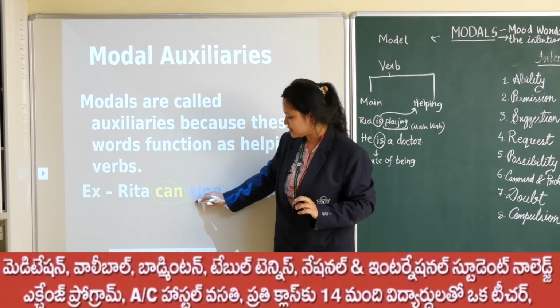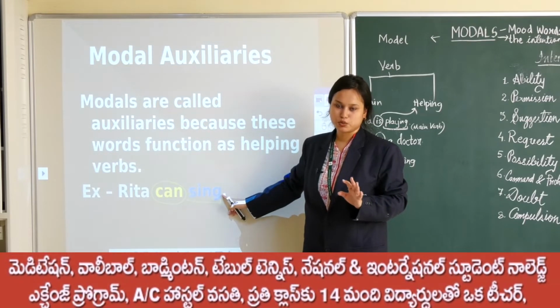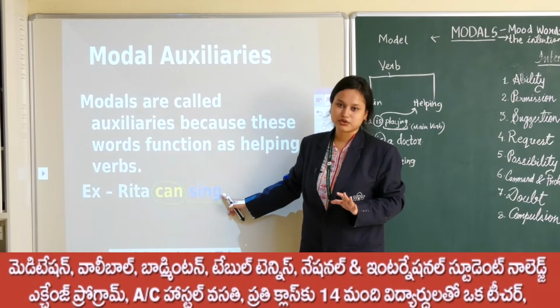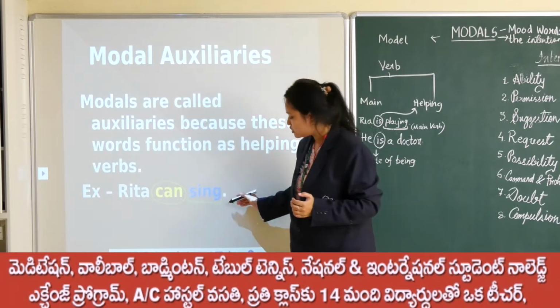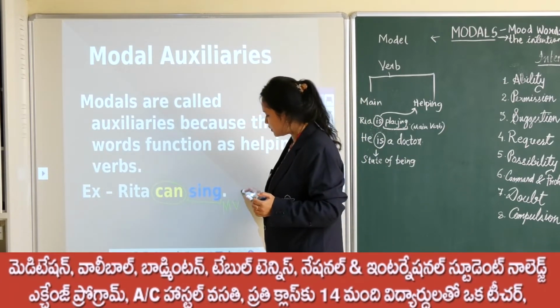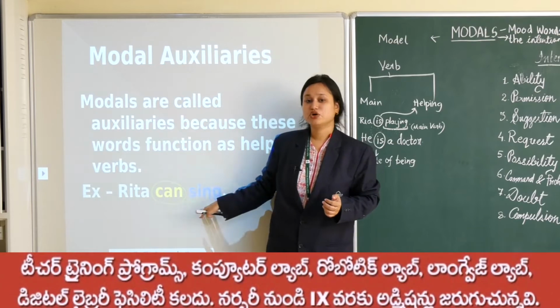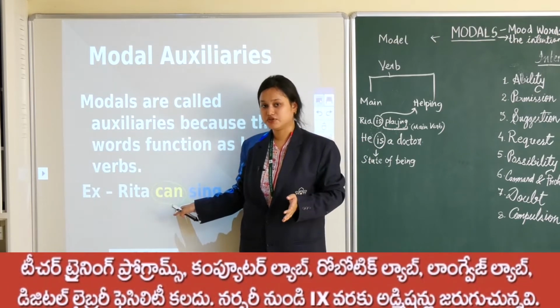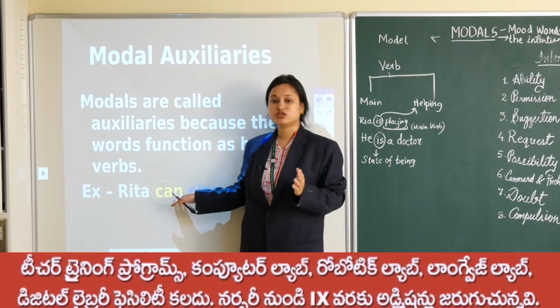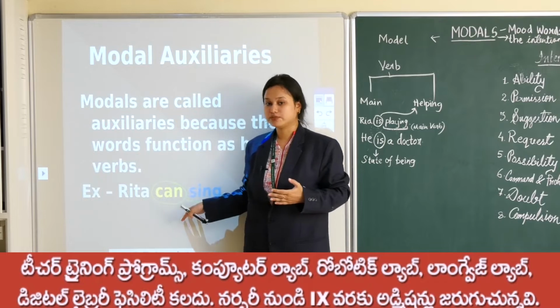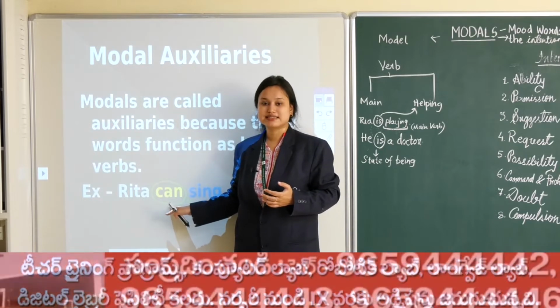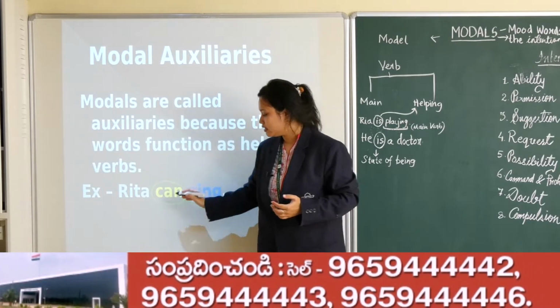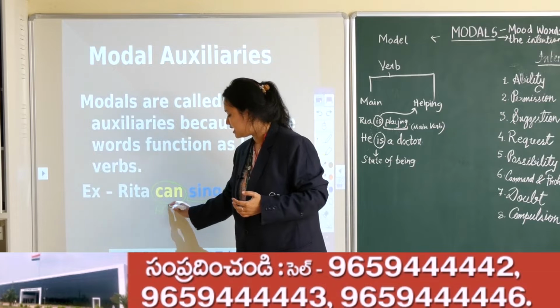That singing is the main action. What is the action in the sentence? Singing. Okay, singing is an action, so this becomes the main verb. And because this comes before the main verb and tries to convey something more about it, it is a helping verb.